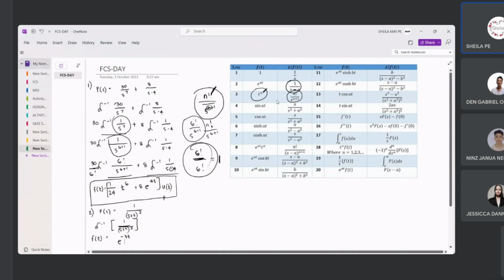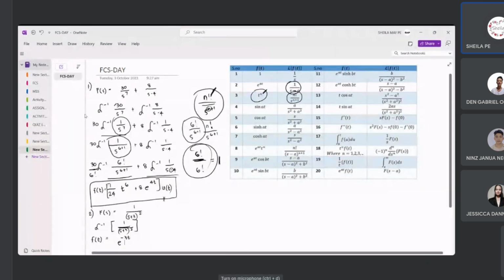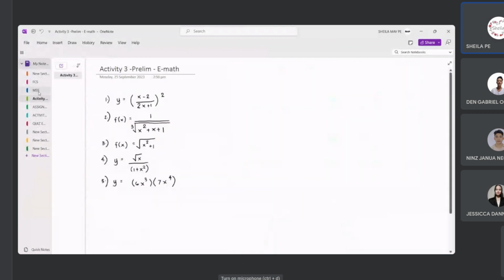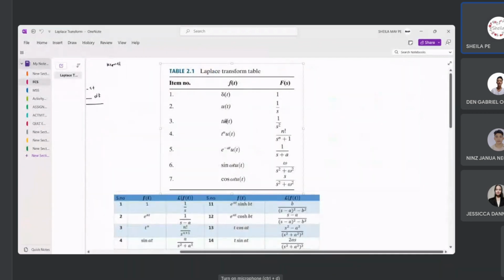It is just equal to 1. Okay, we have here 1 over s squared. Since it is 1 over s squared, it is just equivalent to our t of t.